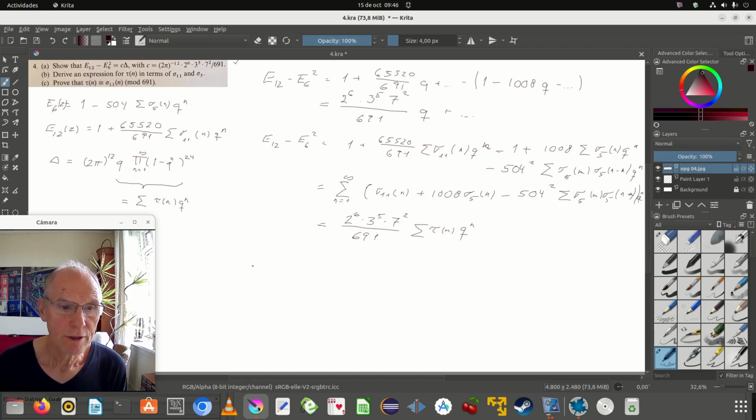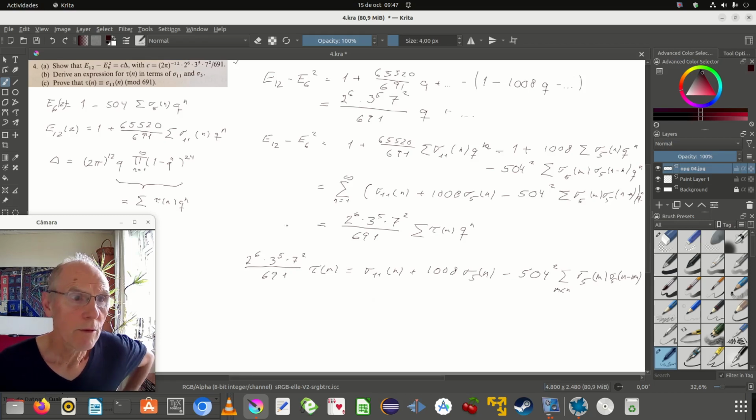And that means that, there we go. That should be the formula for tau of n, the Ramanujan function. I haven't isolated it though.